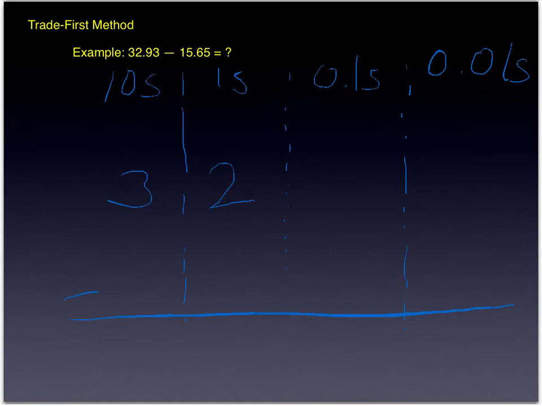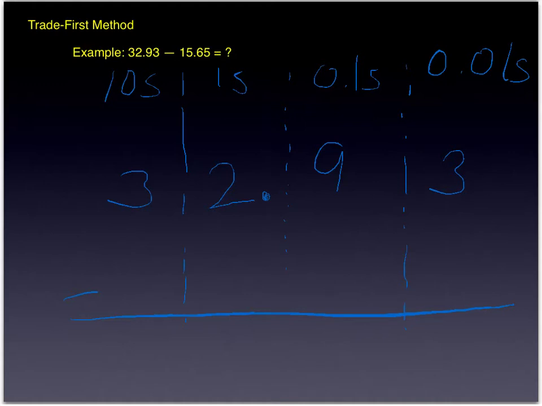So we will actually put the decimal point in the ones because the decimal point goes after the ones place. We have 9 tenths, and we have 3 hundredths. So 32.93, 3 tenths, 2 ones, 9 tenths, and 3 hundredths.